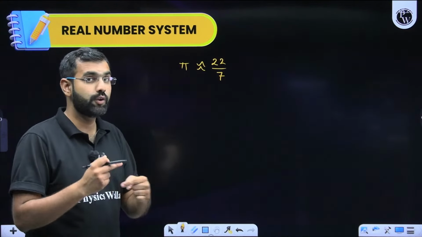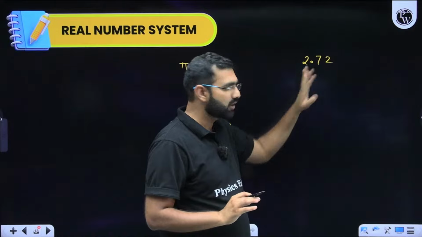And when you talk about irrational numbers, what do they mean? Irrational numbers mean the digits keep coming up, 1, 4, 2, 8, 7, 3, 2, and so on, and there is no pattern, there is no repetition. For example, take a number like 2.72. This is a rational number. Why? Because it terminated after the decimal.